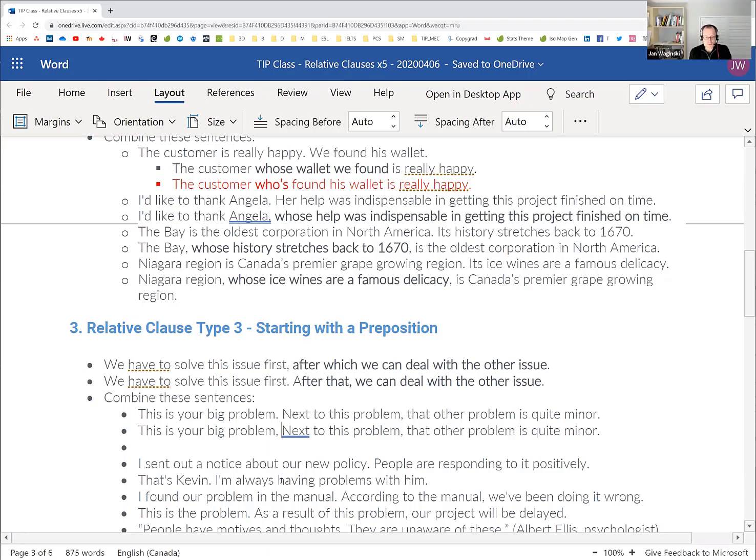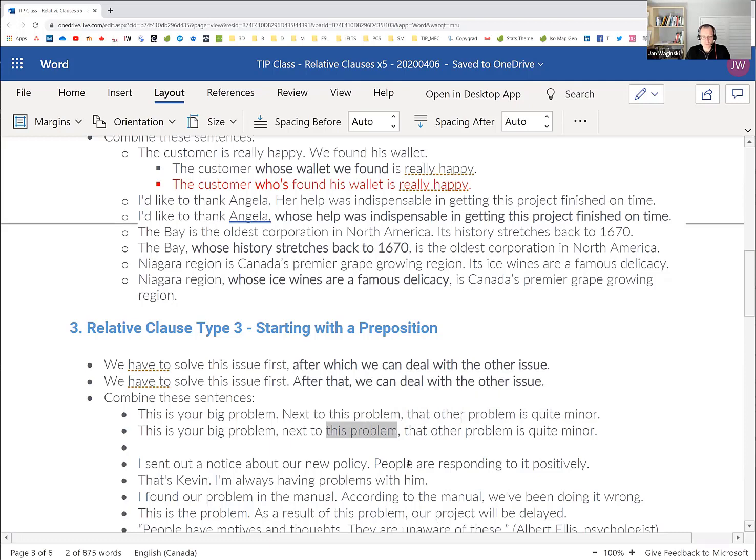Kind of. You can keep using "next." So what's redundant here? Next to this problem. Yeah, so "this problem" is redundant.